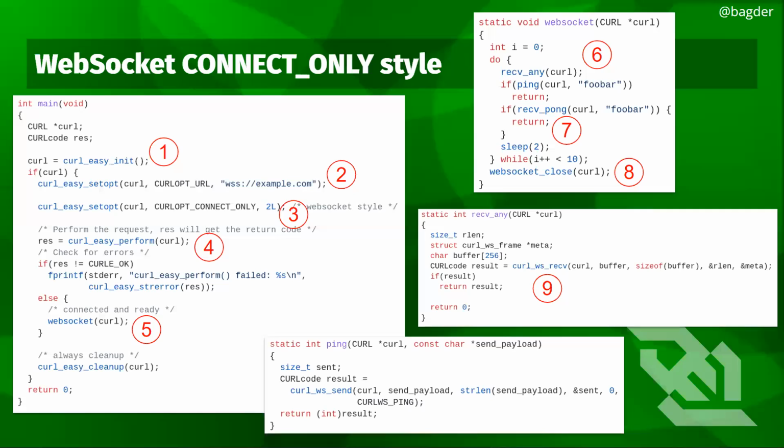In this example here, at the bottom, this shows how to send a ping with curl ws send. Basically, you decide what kind of payload you want to include in the ping, and then you tell it, here's a ping, I'm sending a ping, and then you send it.